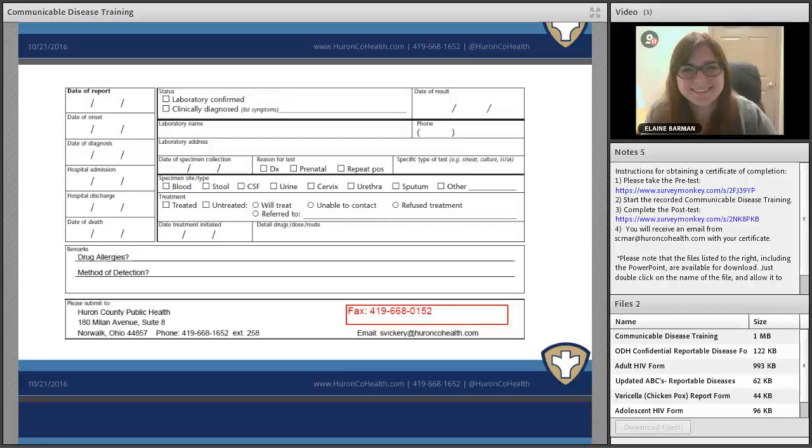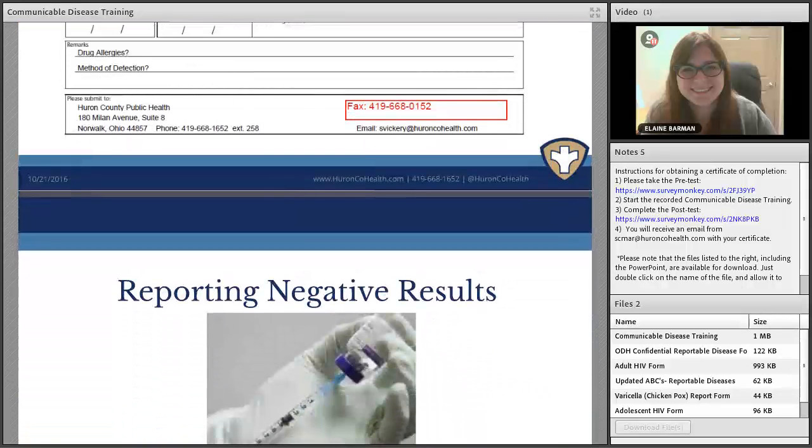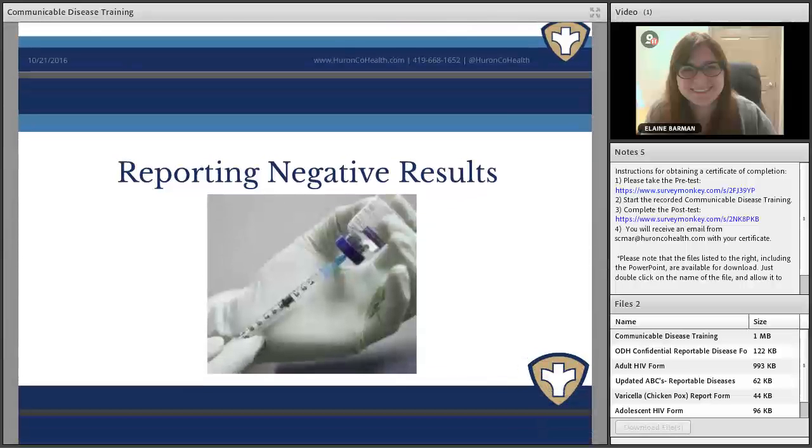Again, I prefer the fax because email is not secure when it is going from email to email. So fax is the preferred method. But if you need to get a hold of me, my email is there. And then the phone number is right there as well. And again, you can either email this email, or the SMART email.